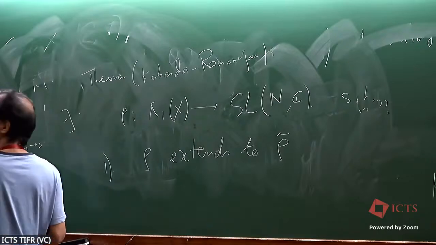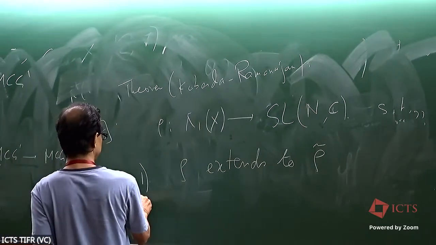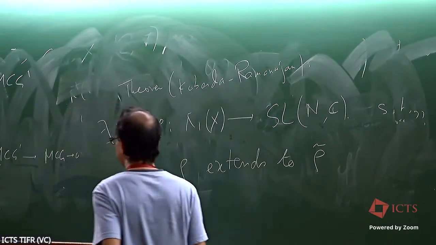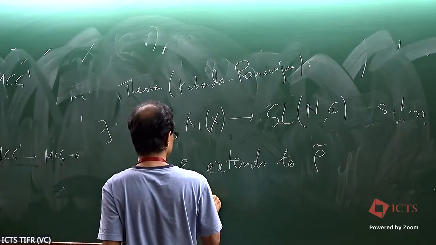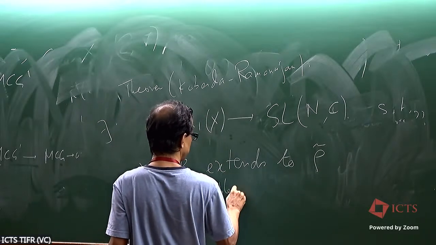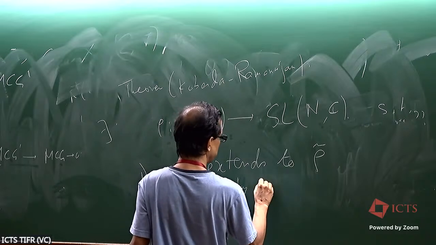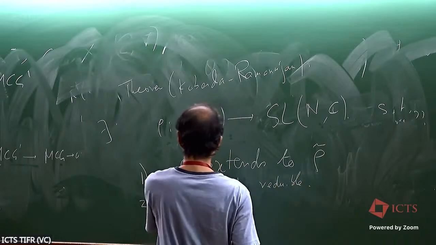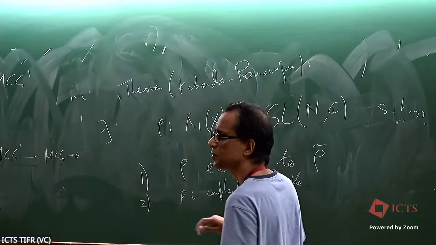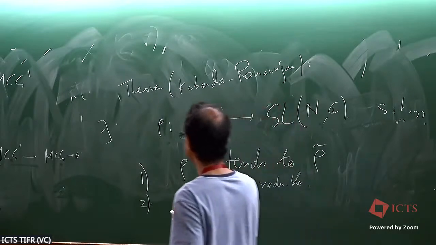So there is a homomorphism whose restriction is this one. Second, rho is completely reducible. This is not a serious assumption. This can always be arranged. Third is important.